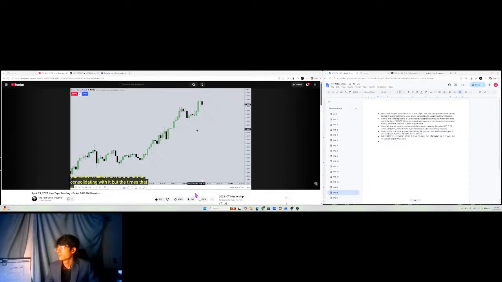But the times that it does break out, that would cause euro pound to drop. But it's consolidating with dollar while cable drops. Cable is pound dollar. So that is the equivalent to saying that this is going to go up as a trend. So you want to find big trending days or big trending model days in crosses that are not dollar based. I just taught you this.